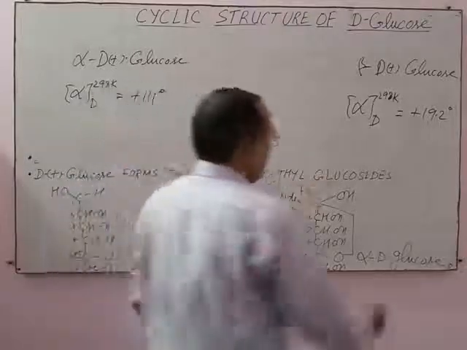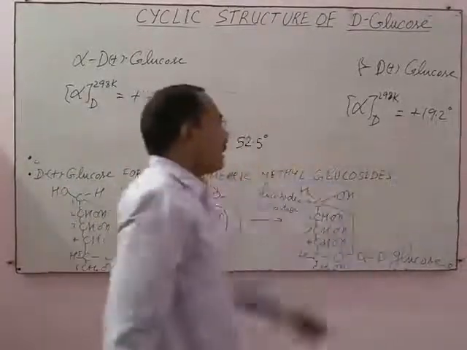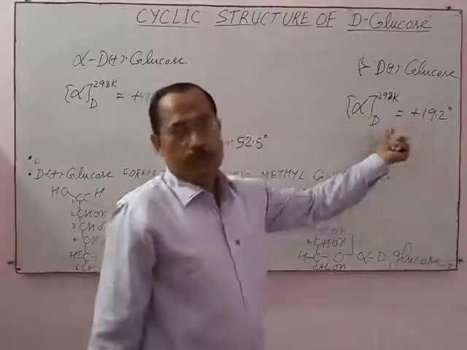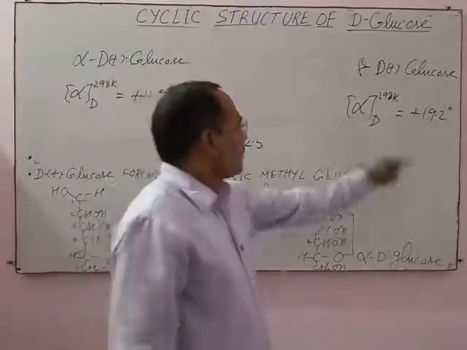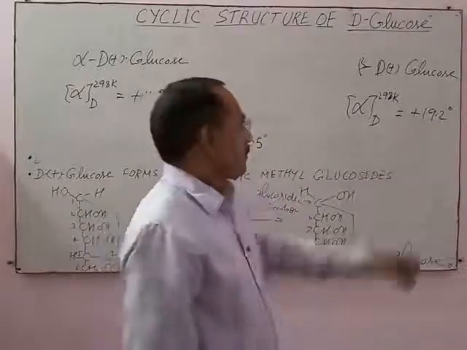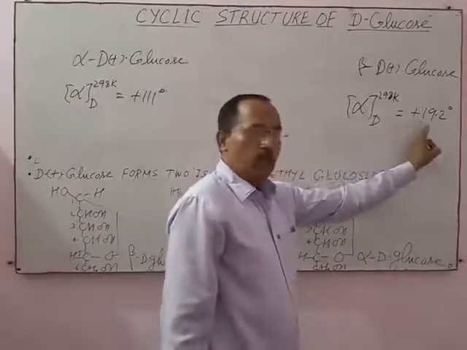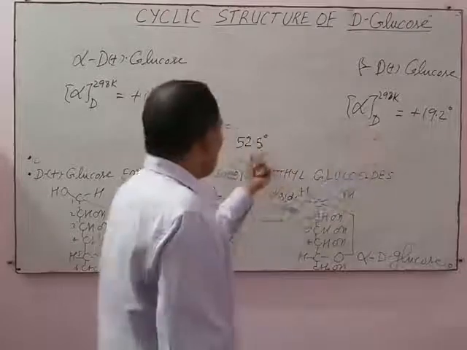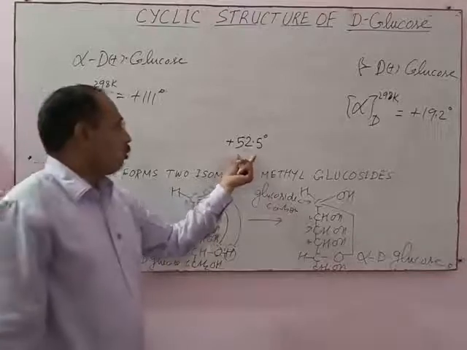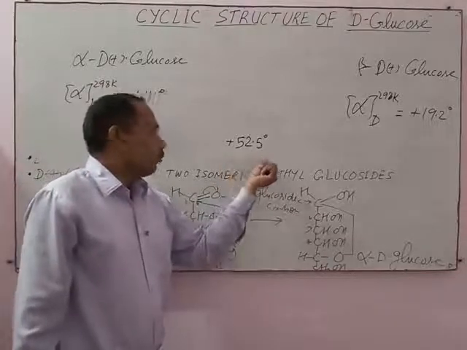And on keeping the aqueous solution of beta D glucose for some time, its specific rotation increases from plus 19.2 degree to attain the equilibrium value plus 52.5 degree.